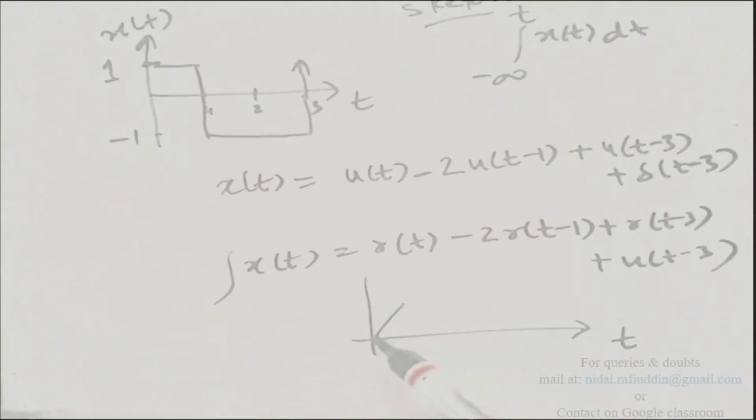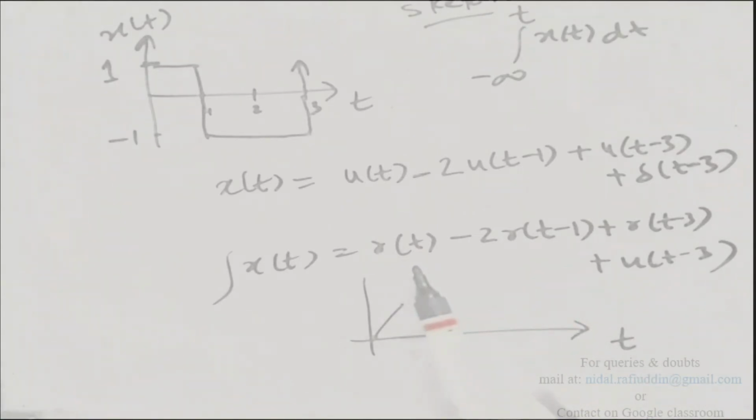So we'll be drawing this bit between 0 and t equal to 1, and then at t equal to 1 we have a sudden drop, which can be expressed. So this will be having a slope of 1, and this will be having a slope of -2.